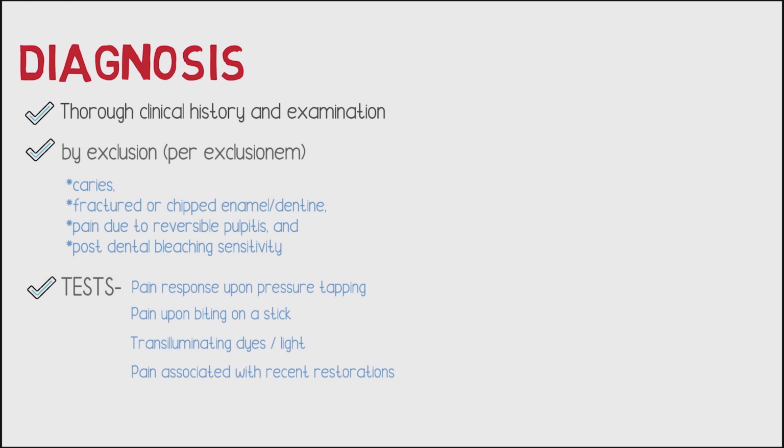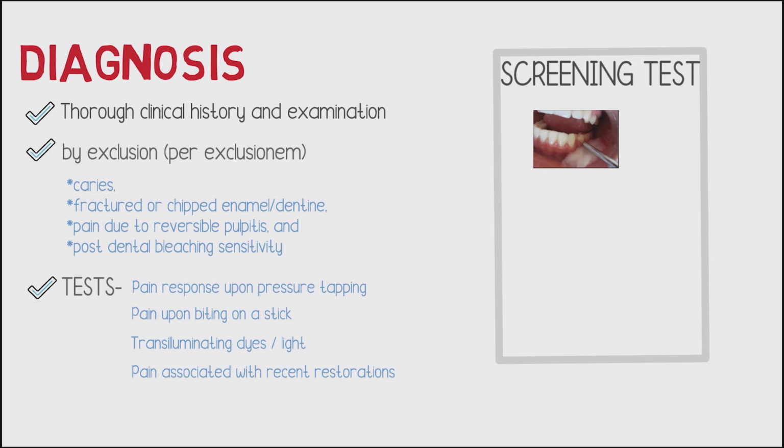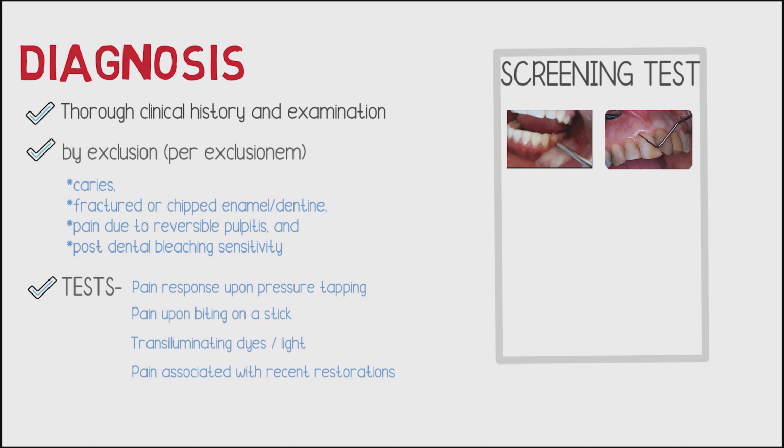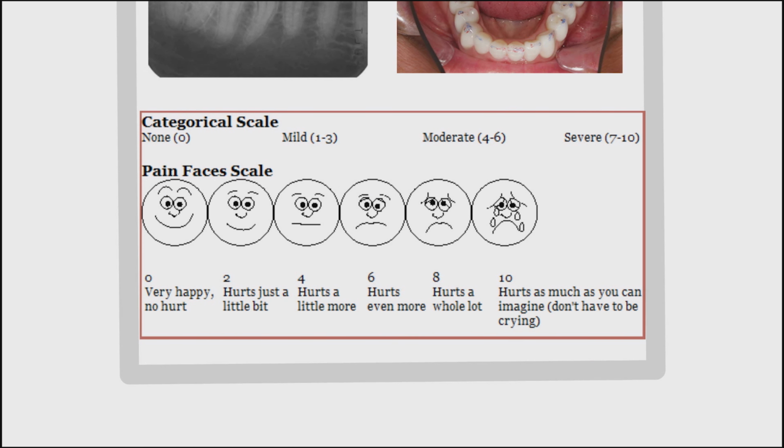A simple clinical method of diagnosing dental hypersensitivity includes the use of air or an exploratory probe on exposed dentin in a mesiodistal direction, examining all the teeth in that area which the patient complains of pain. Radiographs and evaluation of occlusion. The severity or degree of pain can be described either by a categorical scale, that is, slight, moderate, severe, or by quantifying it using a visual analog scale.